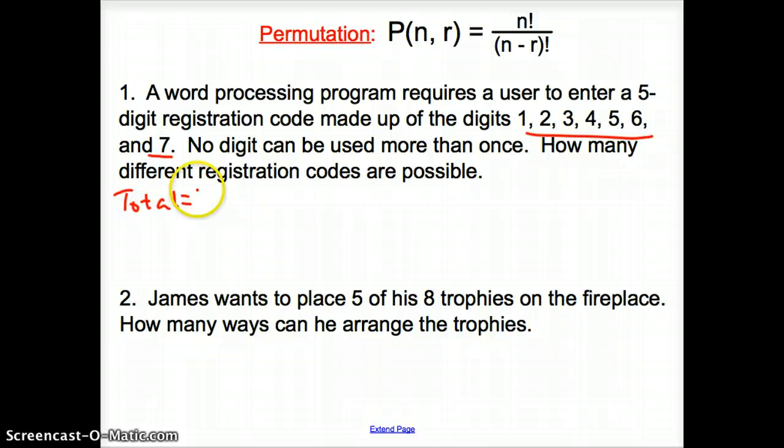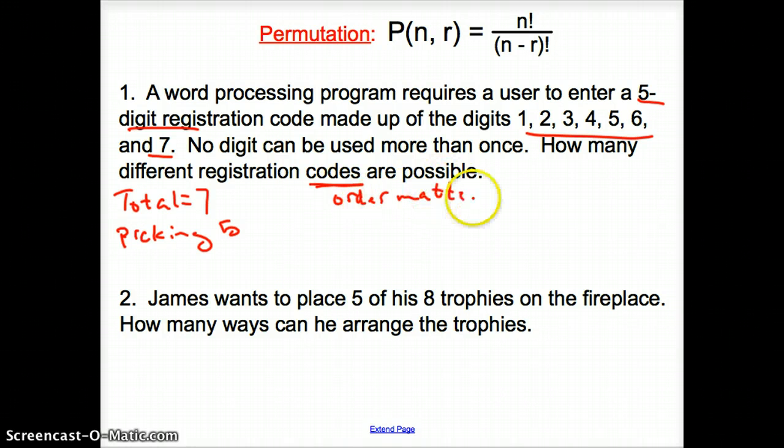There is our total. We are picking how many? Well, how many are we allowed? We are allowed a 5-digit registration, so we are picking 5. Now, how do I know that order matters? Well, in passcodes, order matters. So that tells me that it is a permutation.